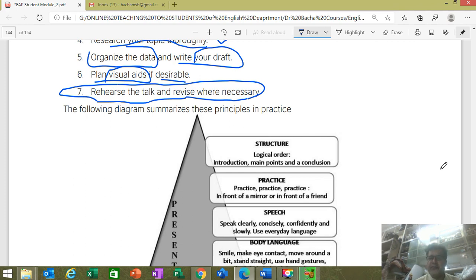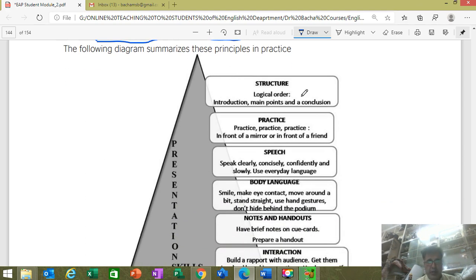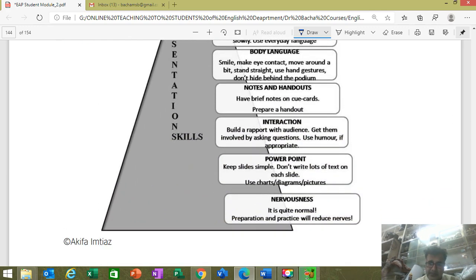Okay, the following diagram summarizes this practice principle. You see here the ladder. Sometimes when you talk about presentations, you may have some problems, nervousness, or tension.